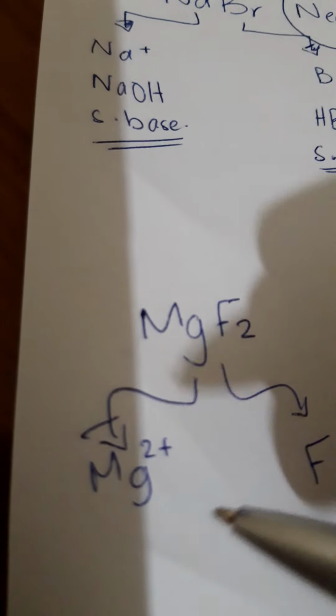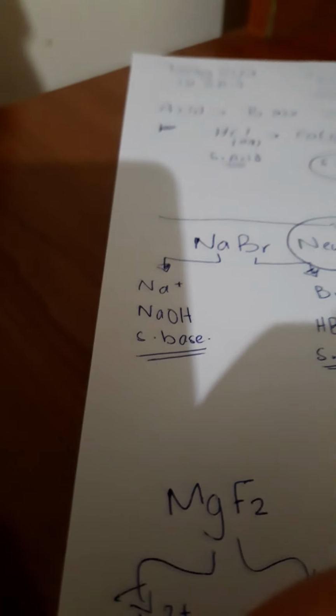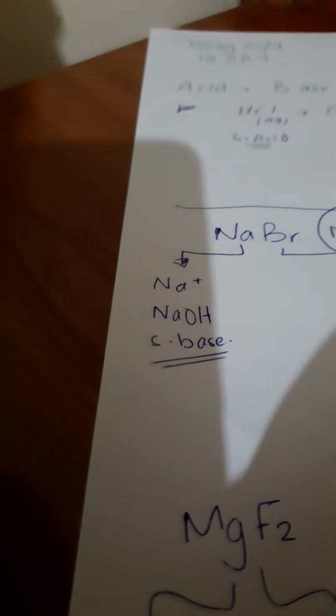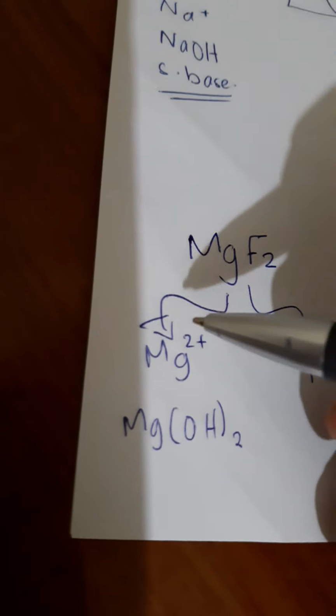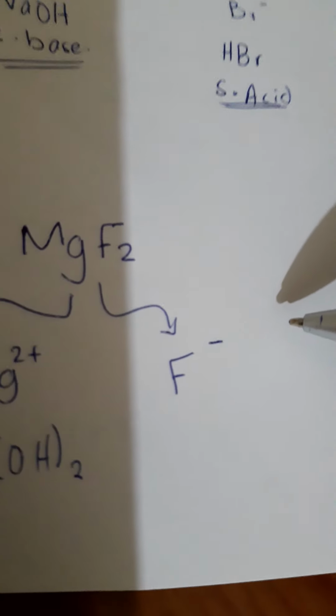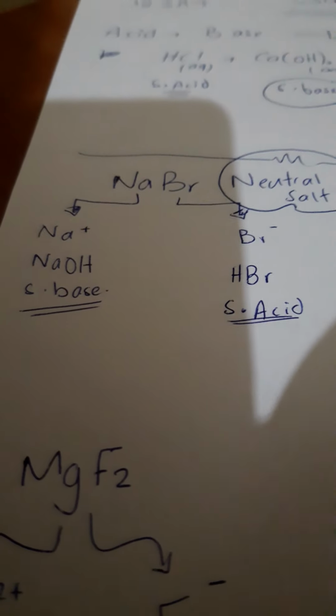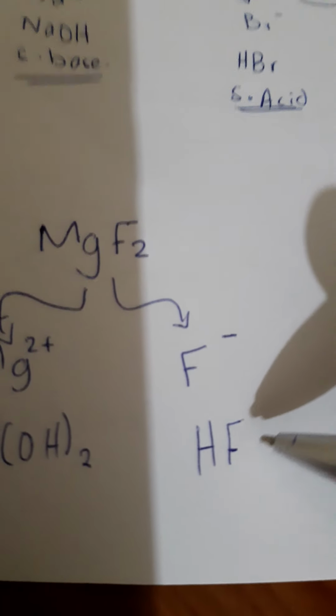For the positive ion أعطيها hydroxide ions بتصير Mg(OH)2. ليش by 2؟ لأنه the charge is positive 2. F minus أعطيها hydrogen ion بتصير hydrofluoric acid, which is out of the list of strong acids, so it's a weak acid.